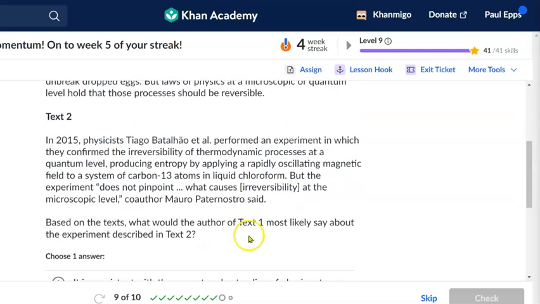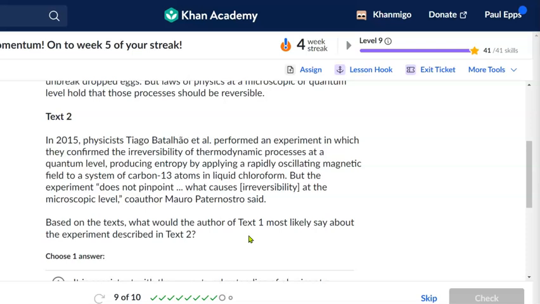Text 2: In 2015, physicist Tiago Batalhão and others performed an experiment in which they confirmed the irreversibility of thermodynamic processes at a quantum level, producing entropy by applying a rapidly oscillating magnetic field to a system of carbon-13 atoms in liquid chloroform.